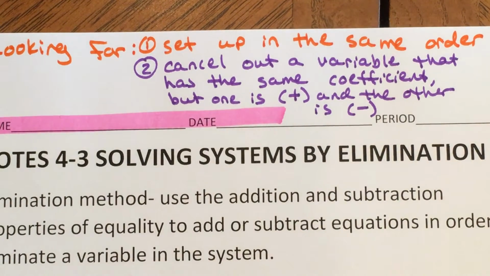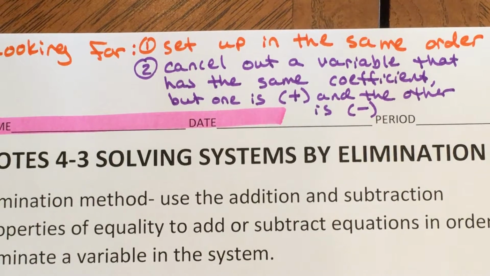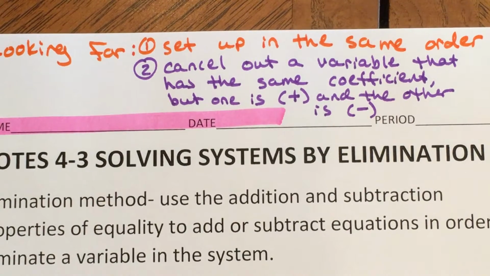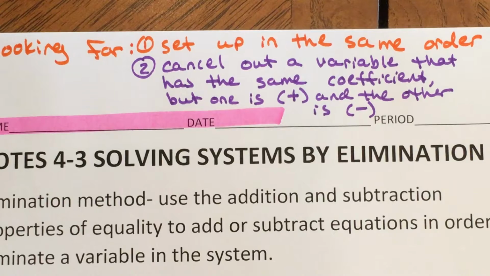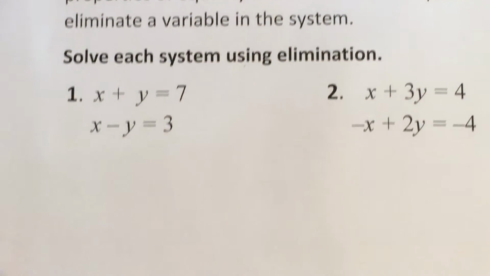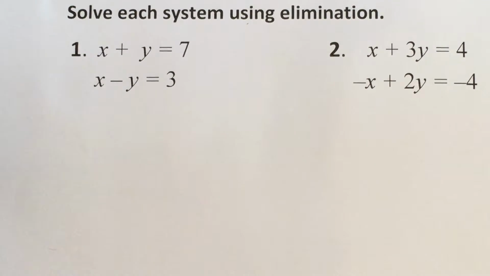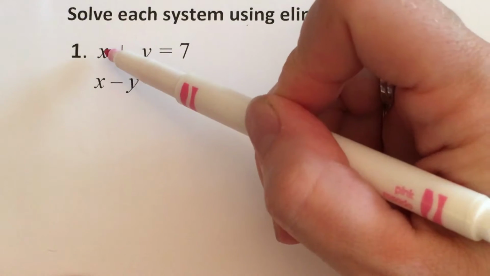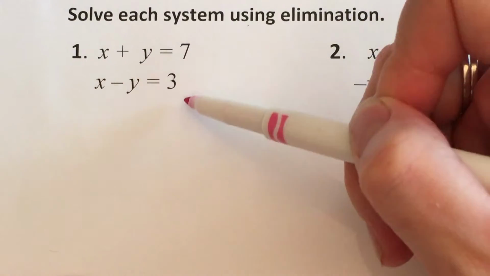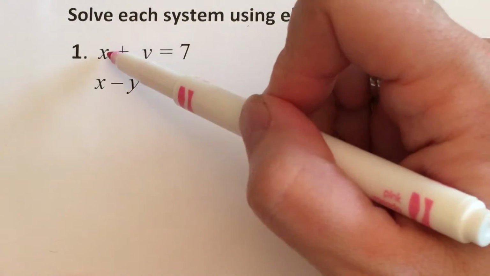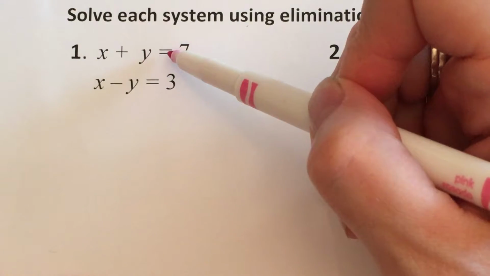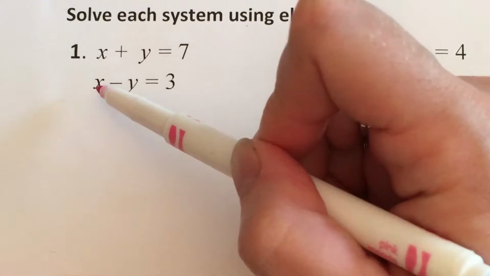Let's look at how to go about using this plan. Let's look at exercise number 1. In exercise 1, we see these two equations are in the same order. X, Y equals number.